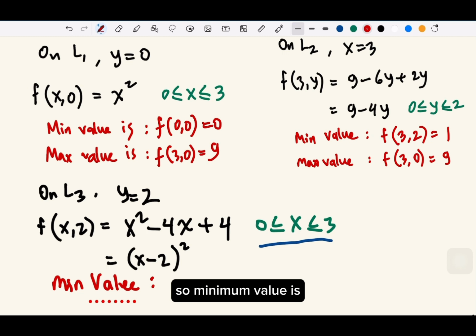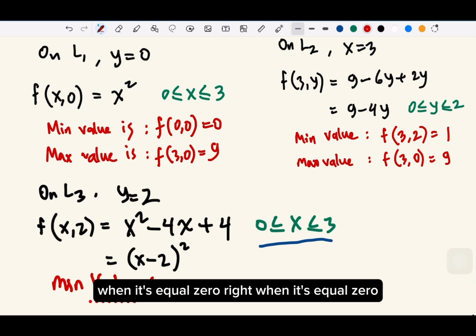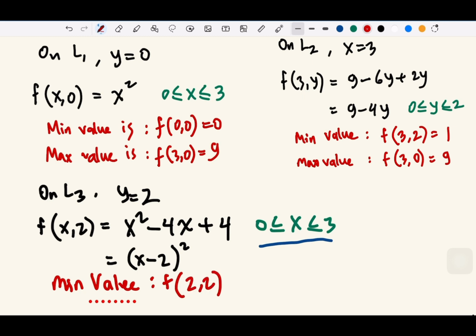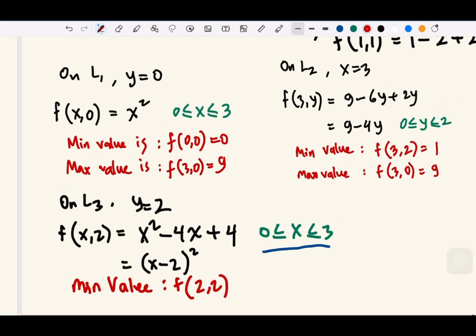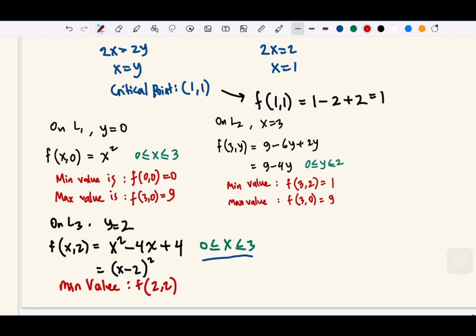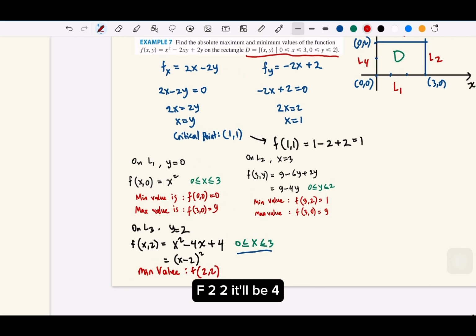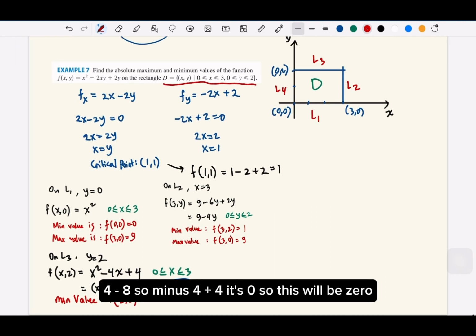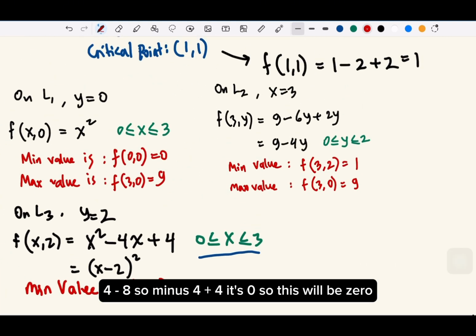The minimum value is when it's equal to 0, right? When it's equal to 0, it means f(2, 2) will be 4 minus 8, so minus 4 plus 4, it's 0. So this will be 0.